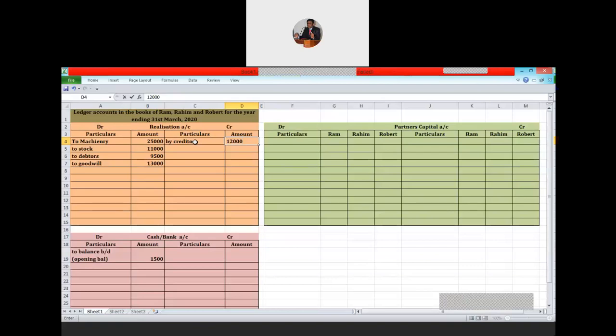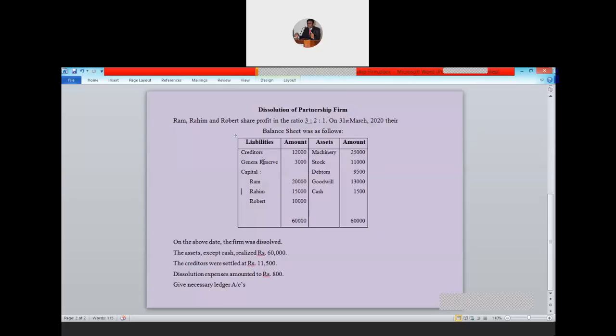Then next coming to the internal liabilities, the general reserve of 3,000. This is the reserve maintained out of profits of the previous year. So this should be distributed in the profit sharing ratio of 3 is to 2 is to 1.